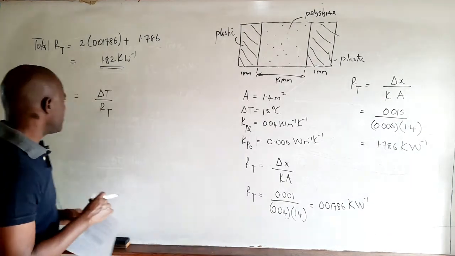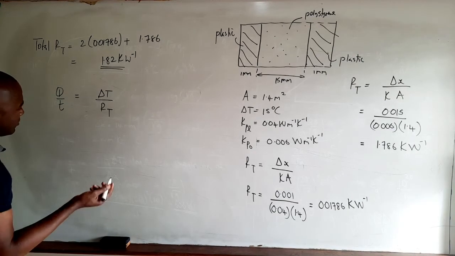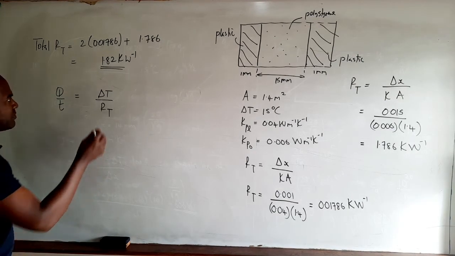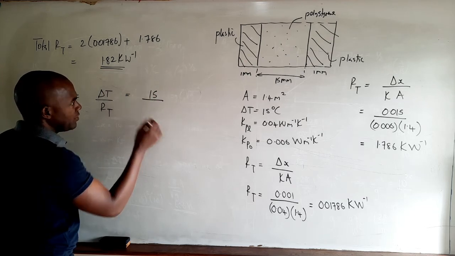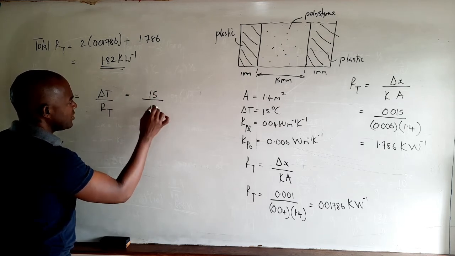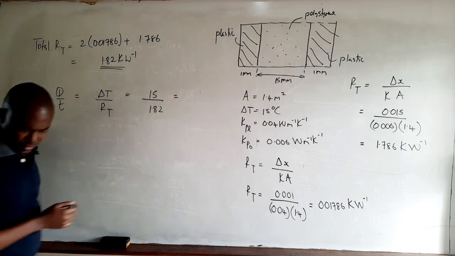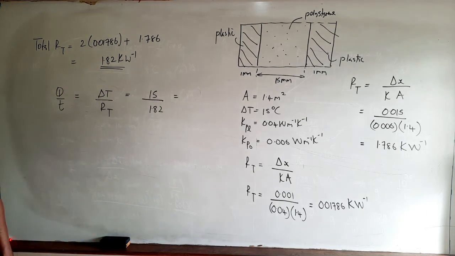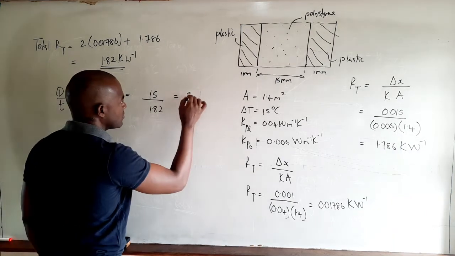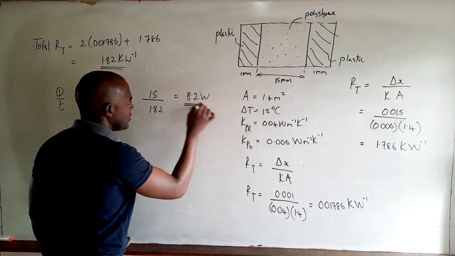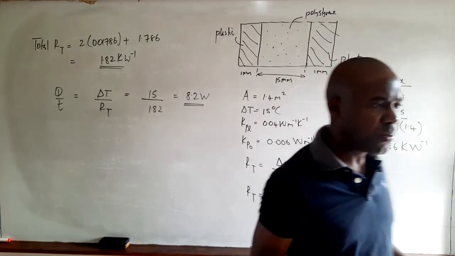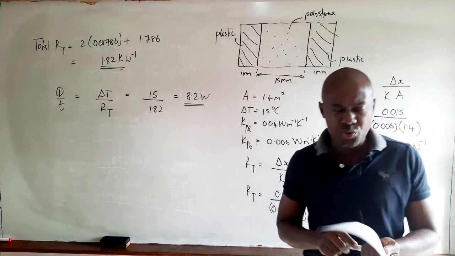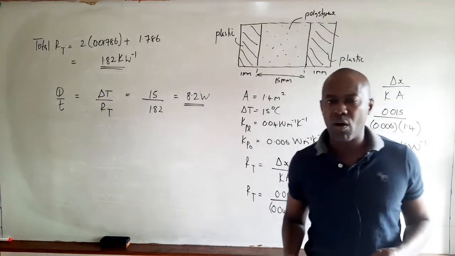So to make sure units coincide, we treat it as being in Kelvin. This gives us 15 divided by 1.82, approximately 8.2 watts. So the rate at which heat is flowing through this composite material is 8.2 joules per second, or 8.2 watts.